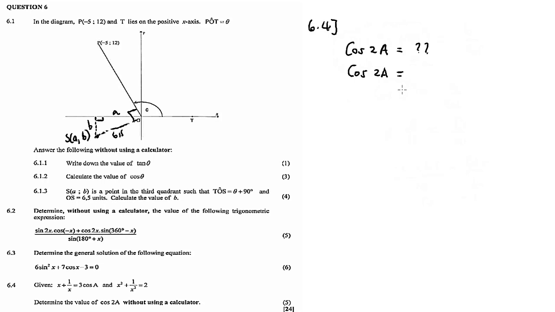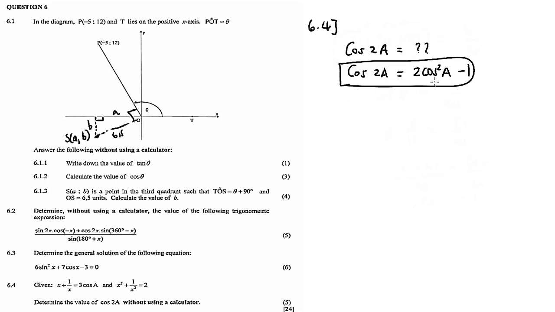Okay, I'm thinking cos 2a equal to 2 cos squared a minus 1. This is one of the double angle identities, with cos squared.